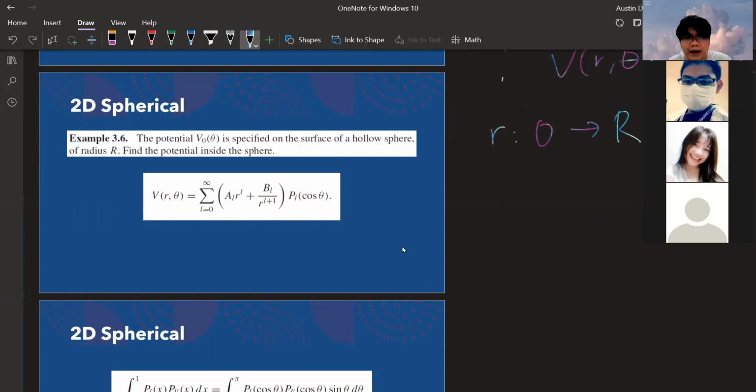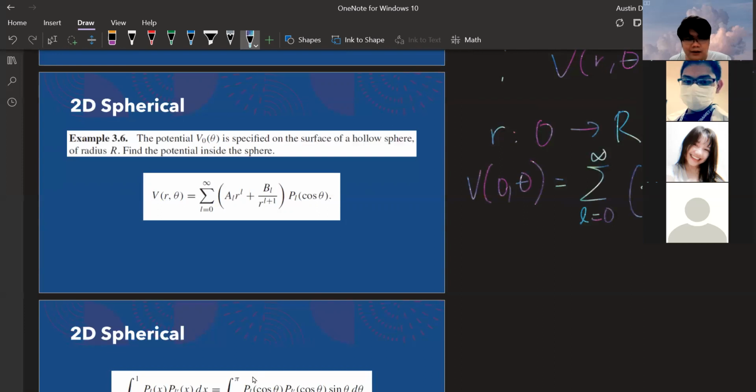Okay. So, apply ko ngayon yung boundary condition ko na 0. So, dapat hindi mag-blow up itong equation ko. So, when V of 0 theta, dapat finite yung sagot dito. Okay?